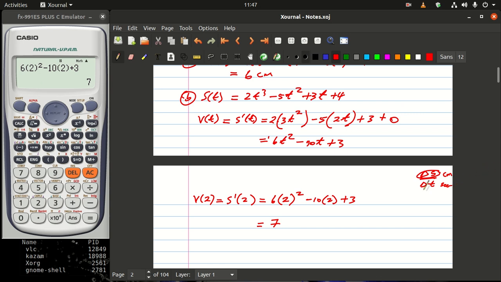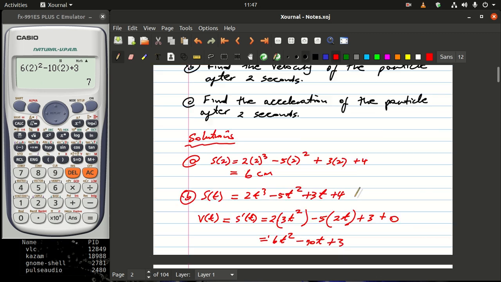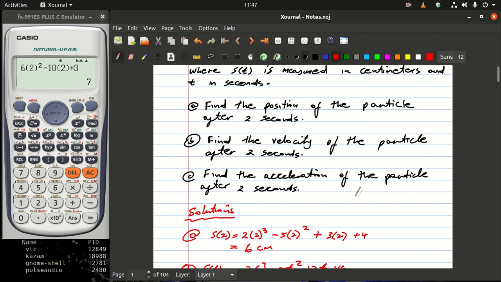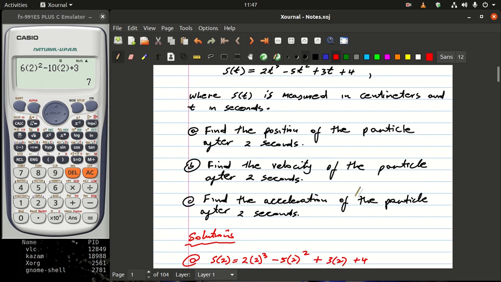So basically, when it comes to the velocity, this velocity is going to be 7 centimeters per second. So that's what is actually happening here, because this one was seconds, and this one was in centimeters, the velocity of the particle.